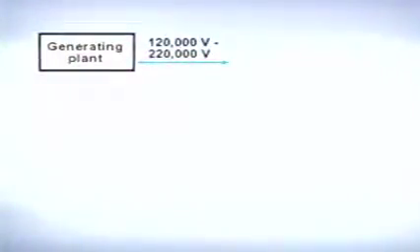Alternating current is generated at a power plant and is then distributed to the end users. In this segment, we'll examine different types of voltage systems and how this power reaches those who rely on it. The voltage generated at a power plant is often in a range of 120,000 to 220,000 volts.